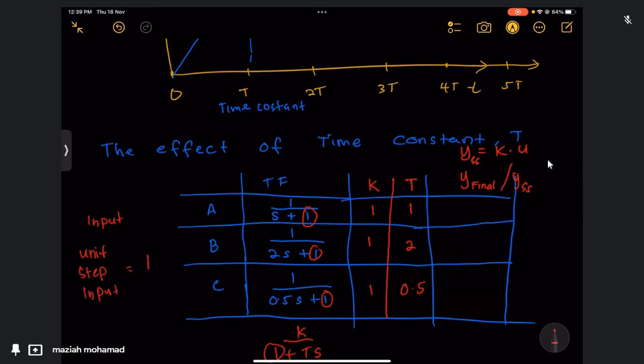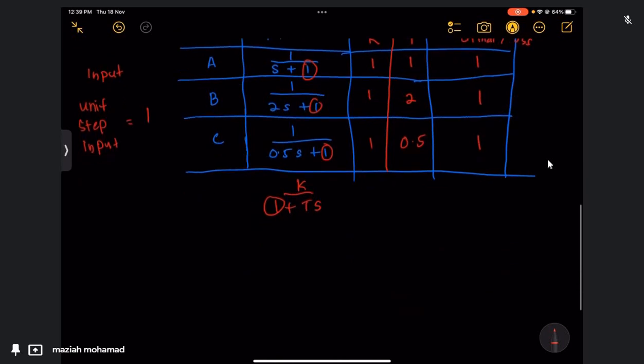So by multiplying U with K, we get 1. Here we want to see the effect of time constant, not the effect of K yet.